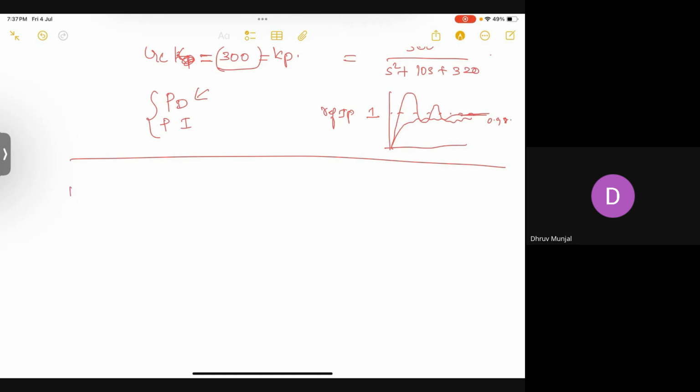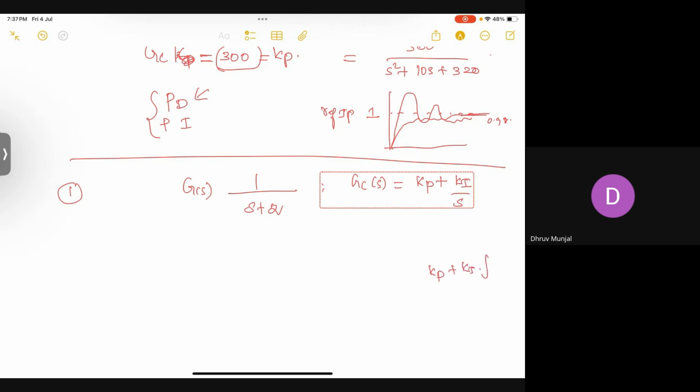Okay, right. The first question is they have given a transfer function. It's a first order system they have told, so then I know the G of S. Then they say they are going to use a PI controller. So your GC of S would be Kp for P, Ki by S for I, because in time domain this will look like Kp plus Ki into integral of E of t dt plus Kd into d by dt of E of t.